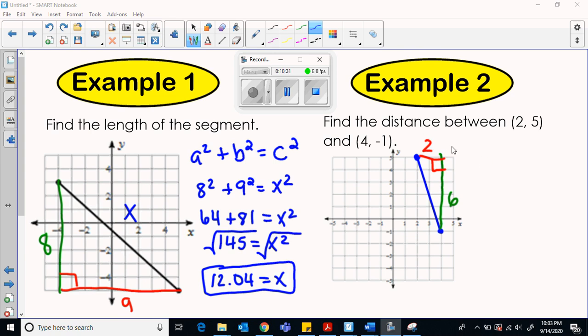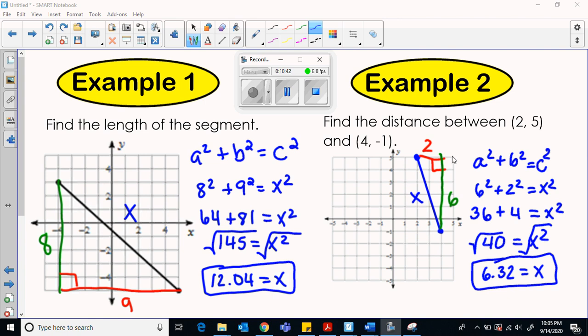Okay, and then remember, you're just going to go ahead and plug that into the Pythagorean theorem, and you can go ahead and solve. So you can go ahead and pause and make sure you solve this. And then so we go ahead and solve, and you should end up with 6.32 units.